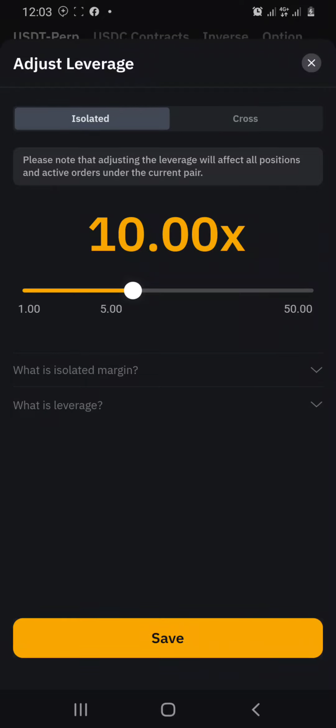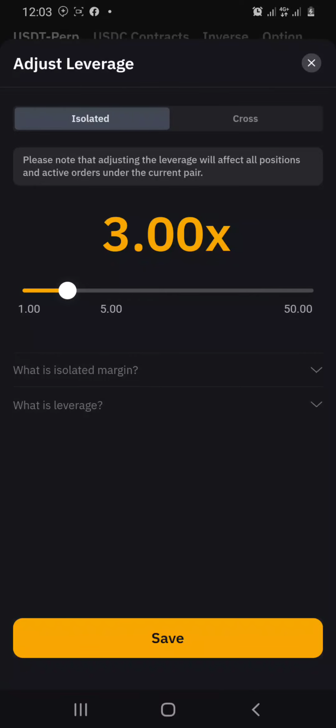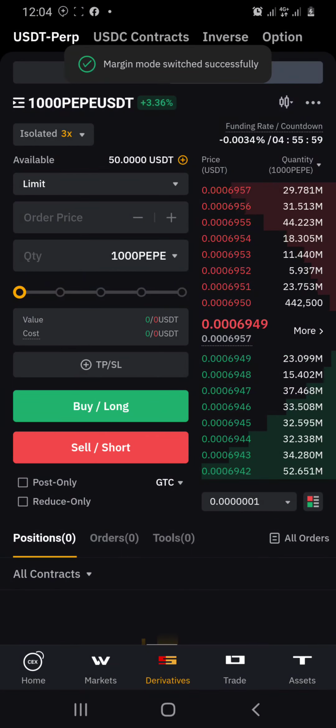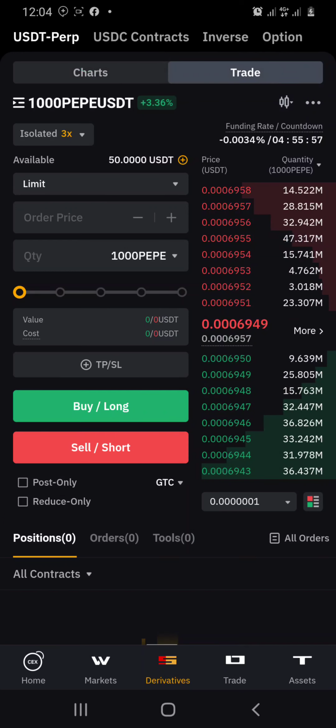You see why one needs to manage his risk very, very well. So let me place an order. Now we're isolated. I will reduce my risk to 3x. I will save. Now we're on isolated 3x. I'm giving you an example anyway, because I'm already on the trade.